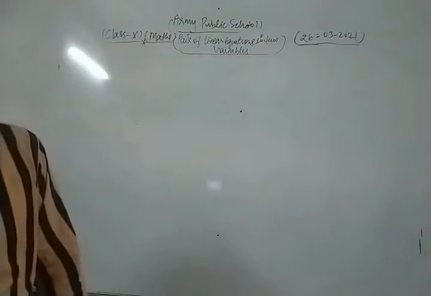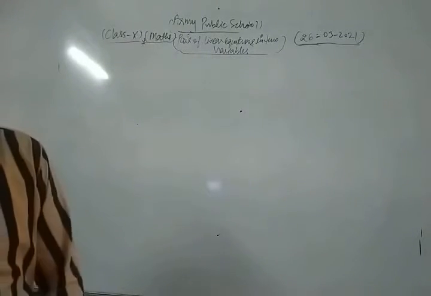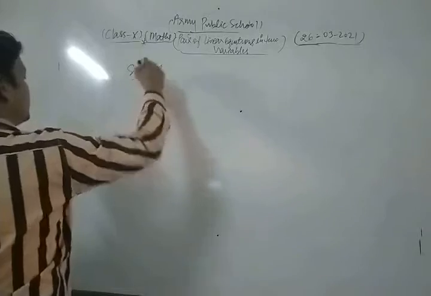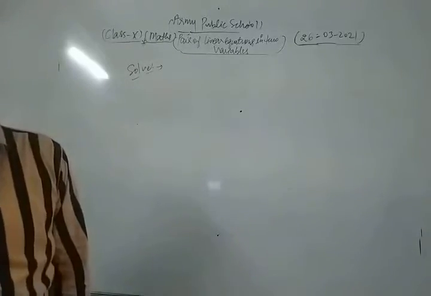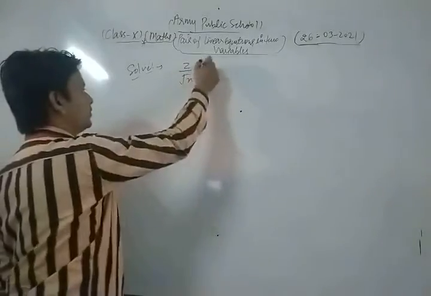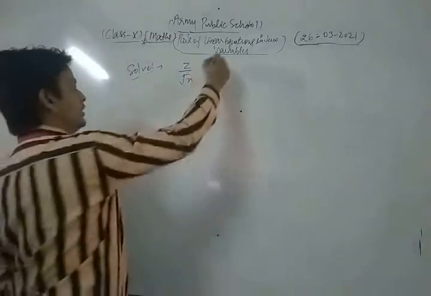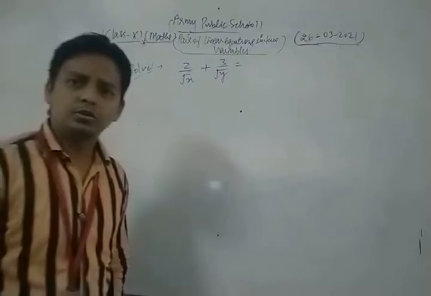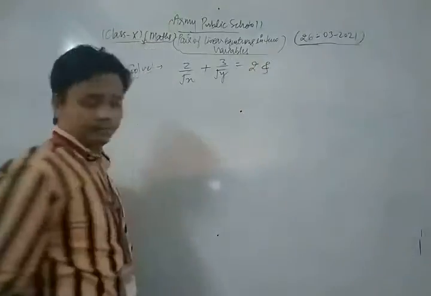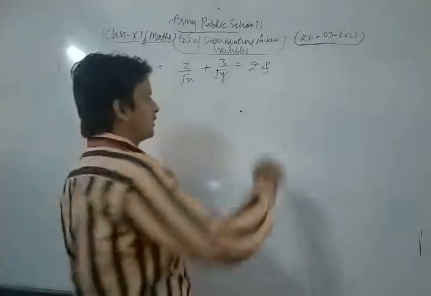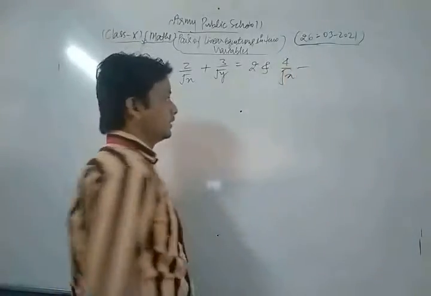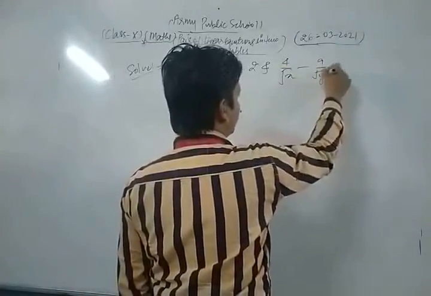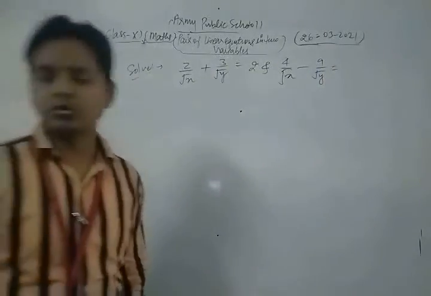Your question is: solve the equation 2 upon root x plus 3 upon root y is equal to 2 and 4 upon under root x minus 9 upon under root y is equal to minus 1.